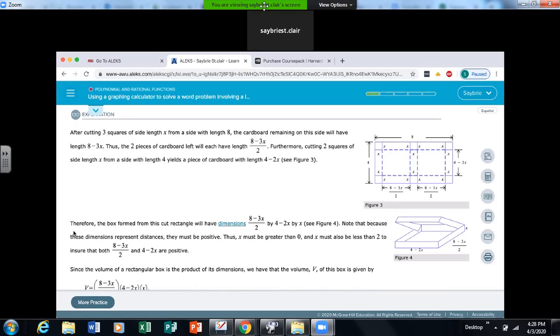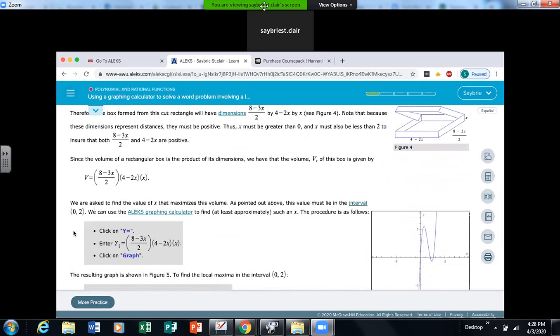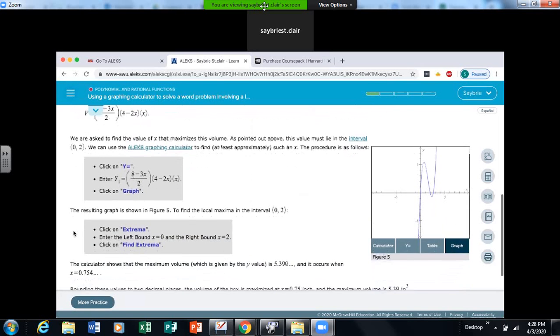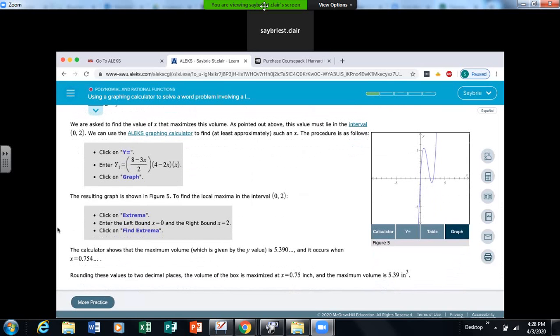Let me take a picture of that. God, this is complicated. Okay. You go down. And then that volume right there. And then you had to graph it. And then you had to do that extrema stuff.